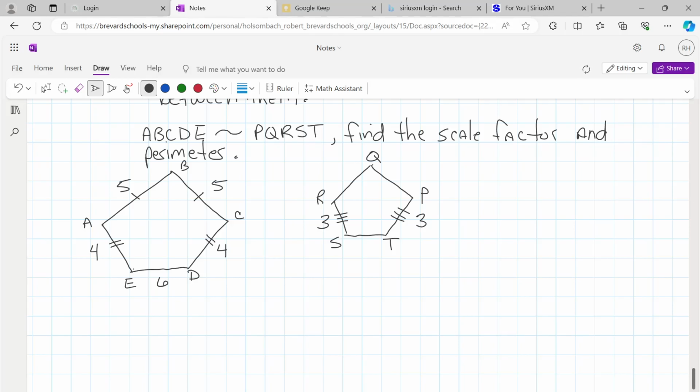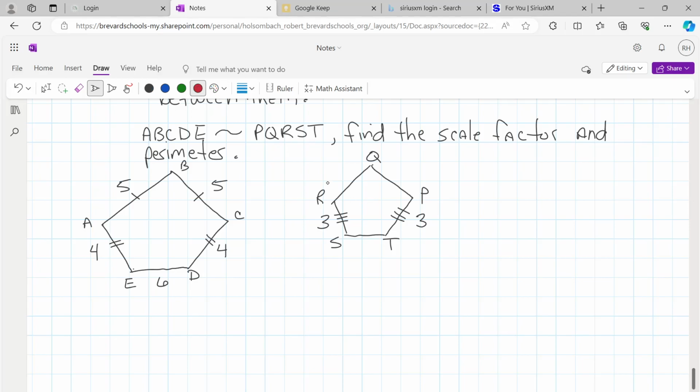All right, so the rule that we just wrote down was that the perimeters are equal to the scale factor, right? So we can find the perimeter of the shape on the left. We know all the sizes. And we've got corresponding sides, so we can find the scale factor. So let's find out what these 3's correspond to.